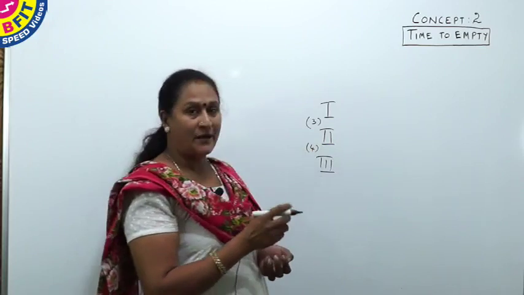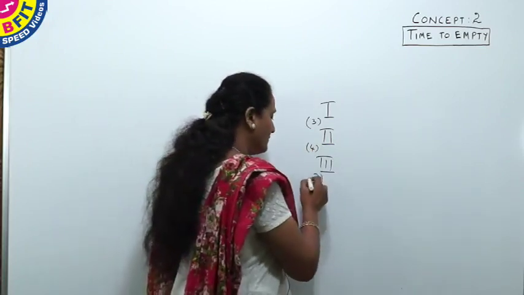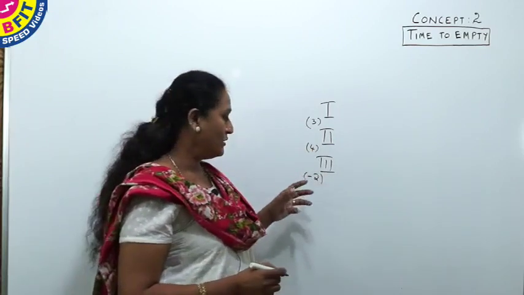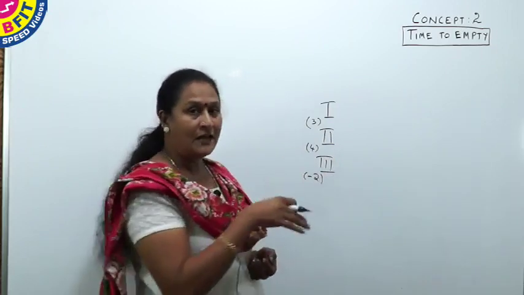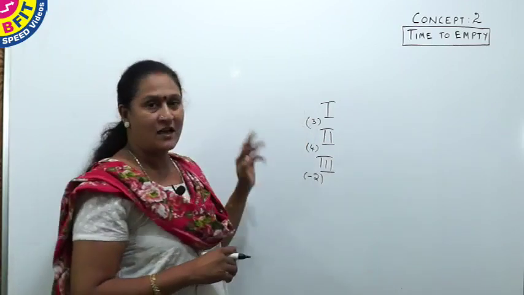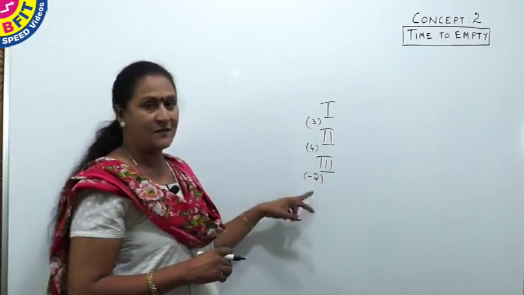And the third pipe, the waste pipe, empties the cistern in 2 hours. As it is emptying, we make it -2, so that we do not forget the minus, or else we'll add everything. So the first two pipes fill in 3 hours and 4 hours, and the third pipe empties in 2 hours. I have written the timings here.